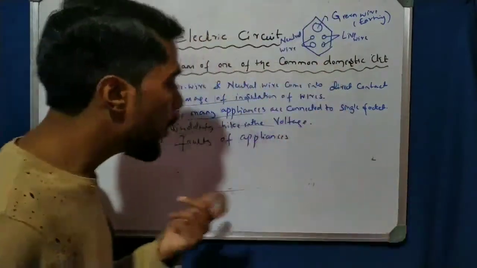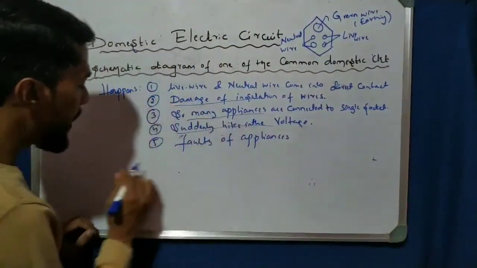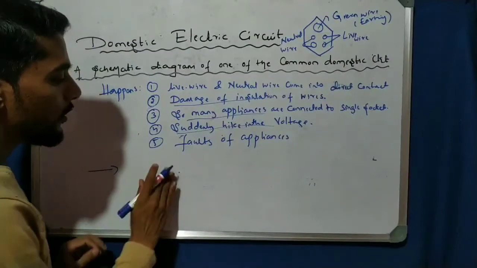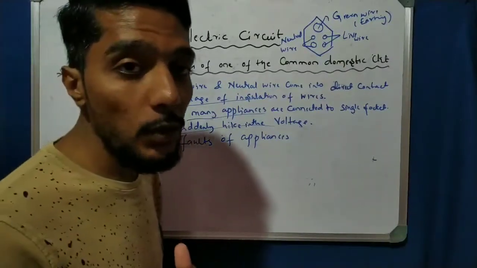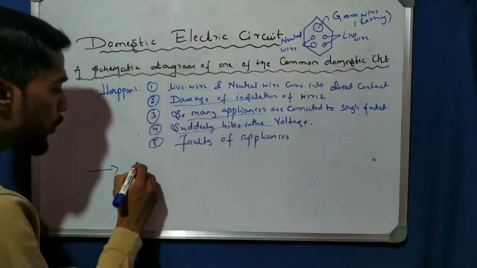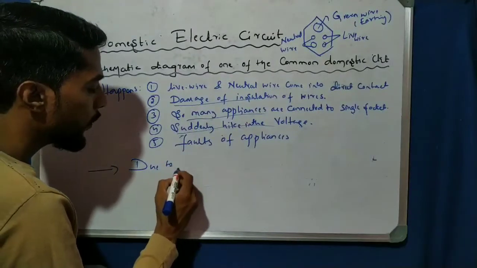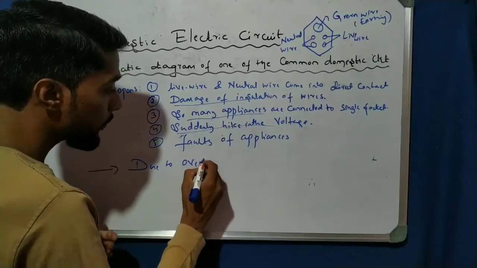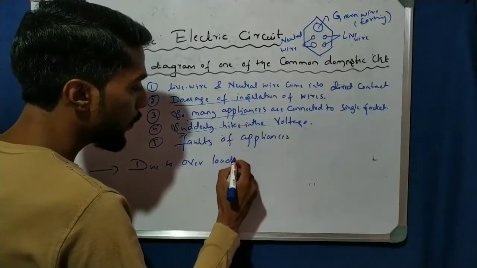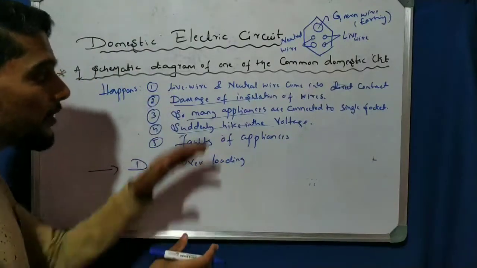And that overloading leads to one thing, which is a short circuit. Why does overloading take place? These are the points.